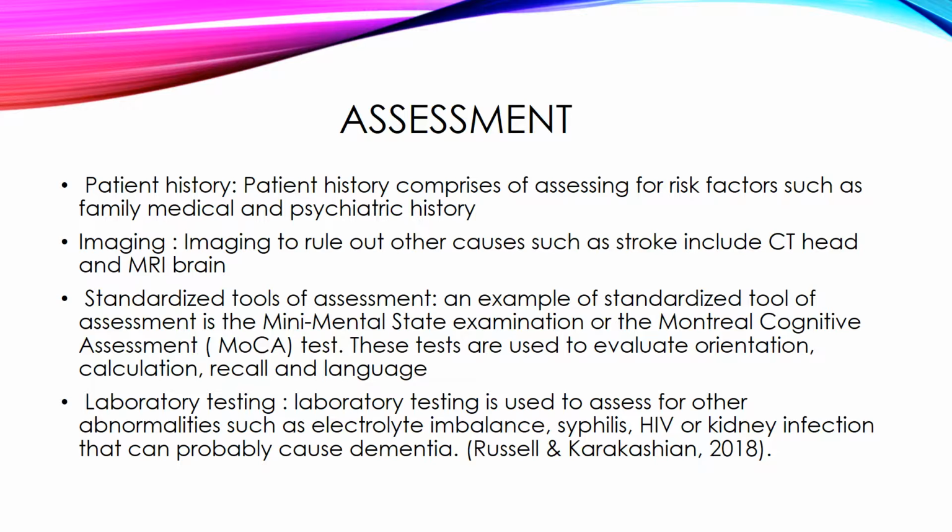We can also use standardized assessment tools to assess for cognitive impairment. One of the most common ones used here in the United States is the Mini-Mental State Examination and also the MoCA test. These tests are used to evaluate orientation, calculation, recall, and language.